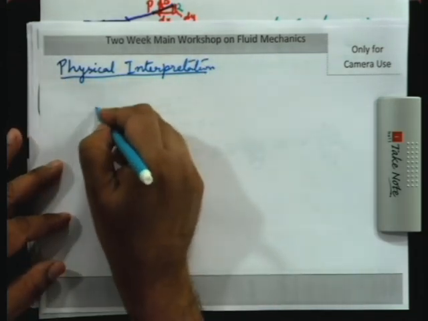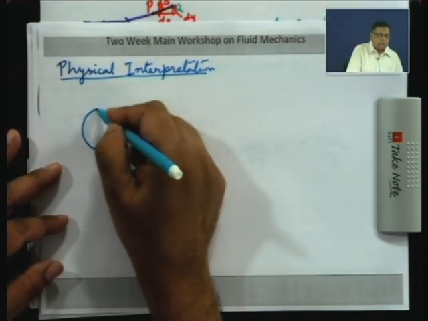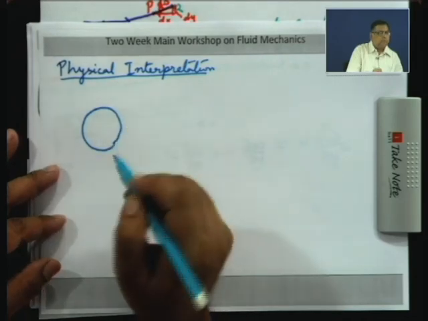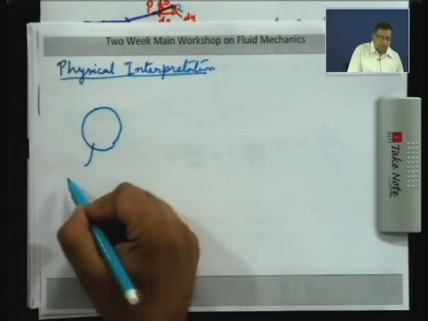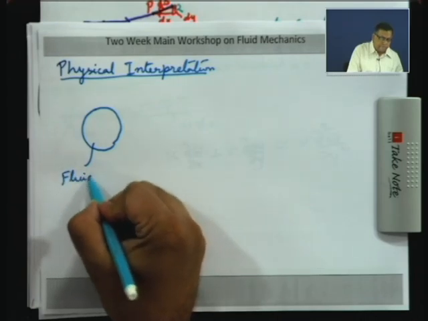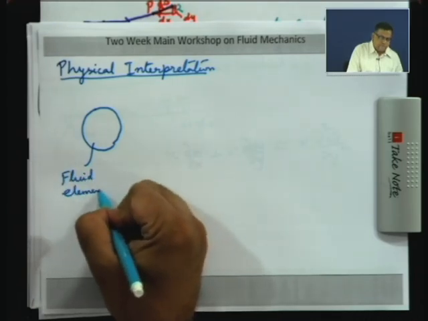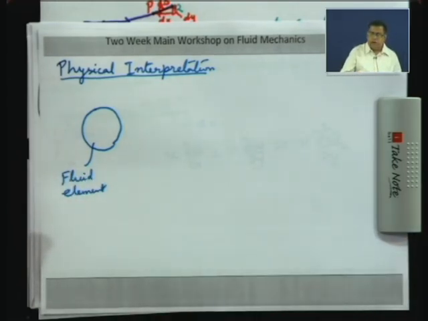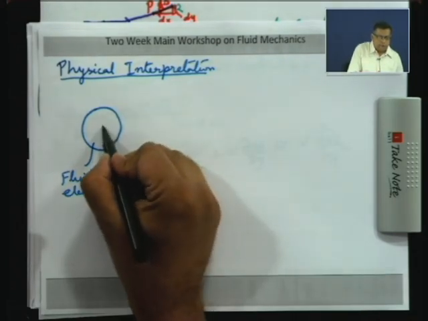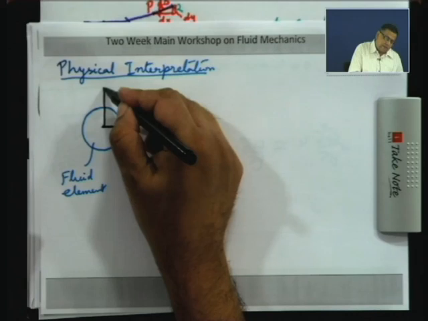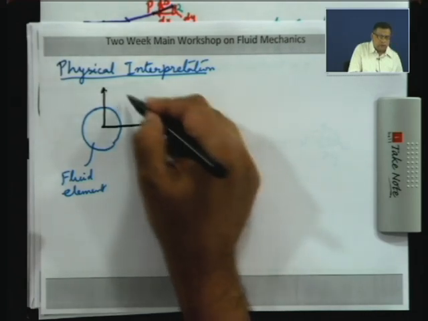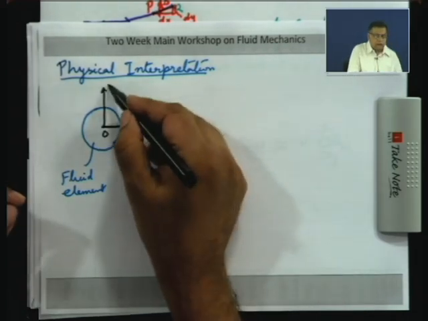We will take a cylindrical element of fluid, and so this is a fluid element, and we will consider its angular momentum about the center. So, we will put a local coordinate system with the origin at the center.